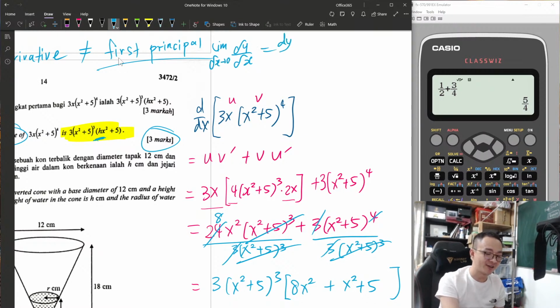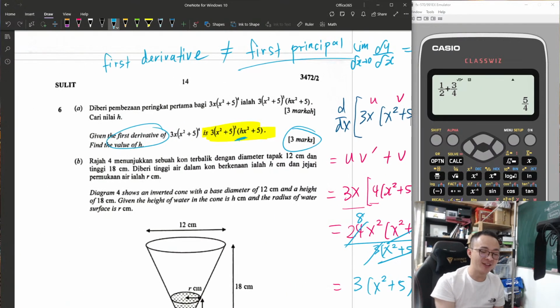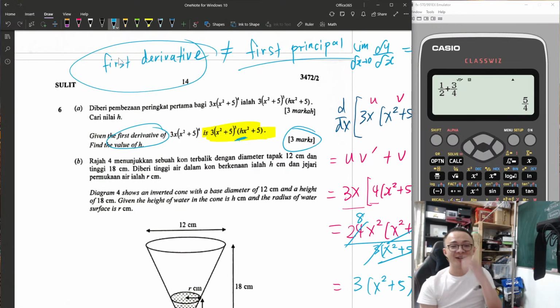To get the dy/dx. But this one is first derivative, just mean they ask you to differentiate one time and leave your answer in that pattern, that's all. If this question you try to use the first principle to do, I think you're not going to be happy because it's a very difficult question.